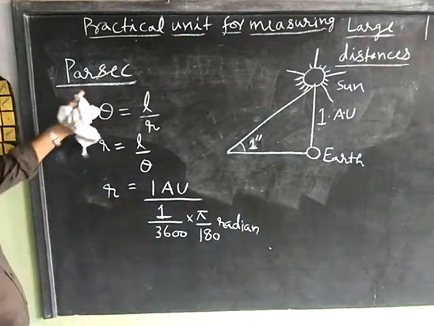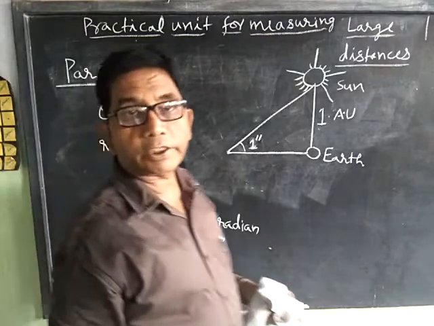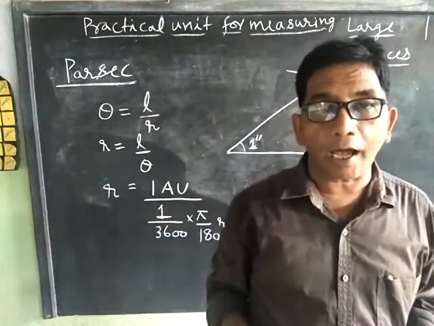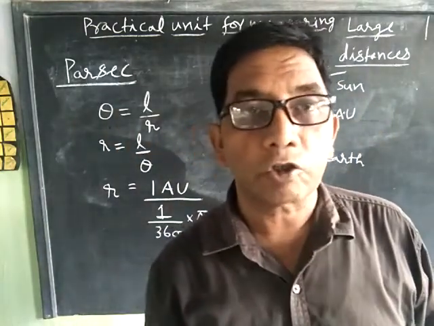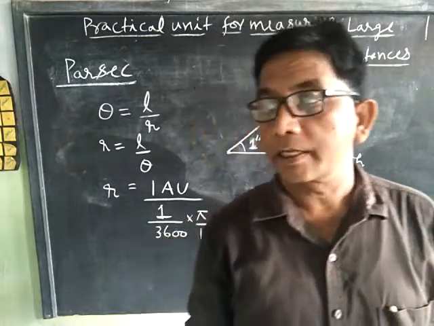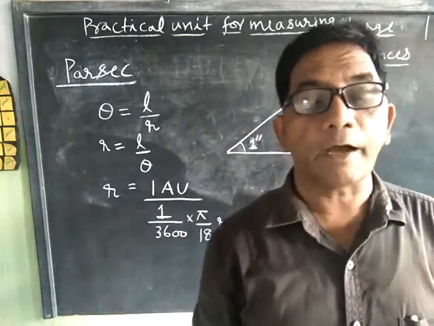What is a parsec? The distance at which an arc of length 1 astronomical unit subtends an angle of 1 second of arc.